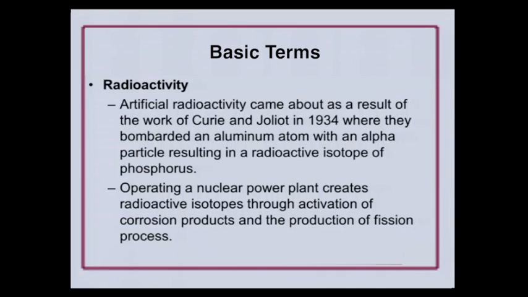Now, today, that's done in a variety of different ways for a variety of different purposes. Obviously, operating a nuclear power plant does create radioisotopes. It's produced through the activation process of crud. You've studied crud, you understand about that.